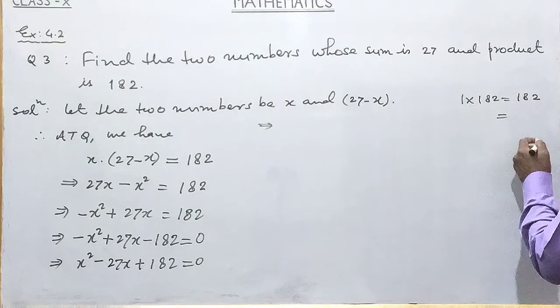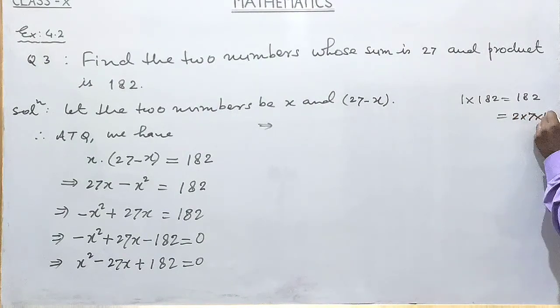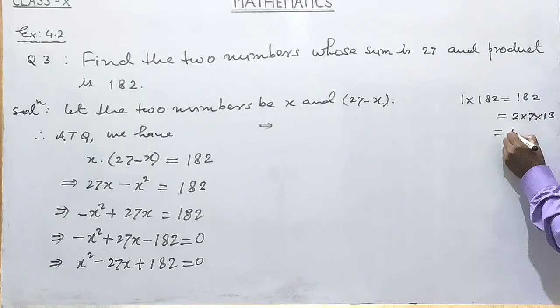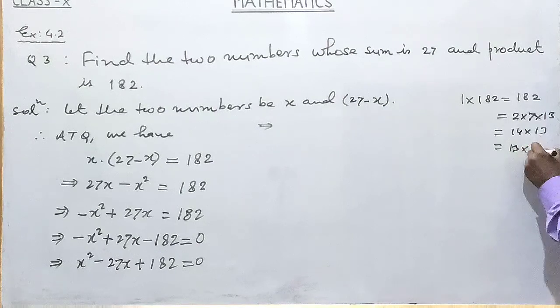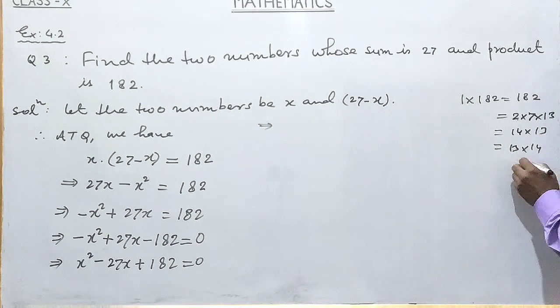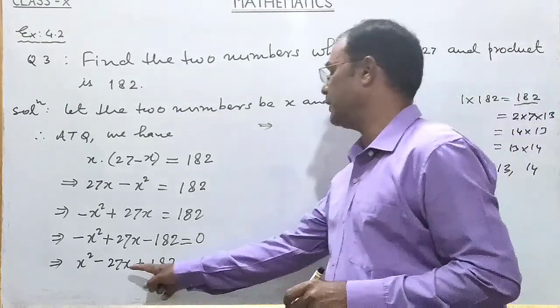So let us factorize 182. 2 into 7 into 13. 2 into 7, 14. 14 into 13, or you can write 13 into 14, 182. So we have got two factors 13 and 14 of 182 whose sum is 27.